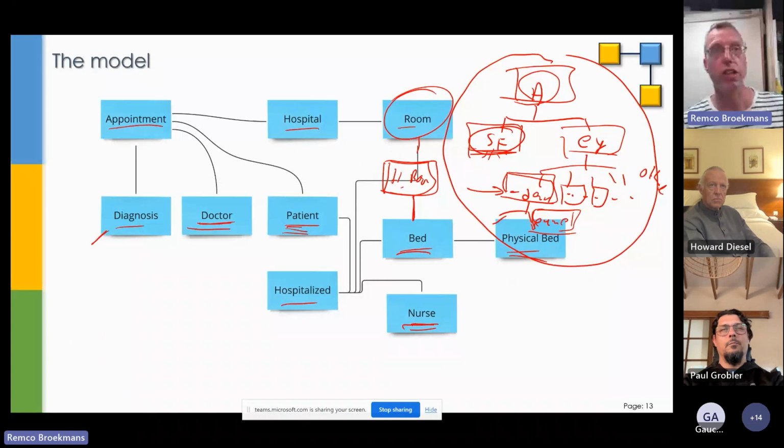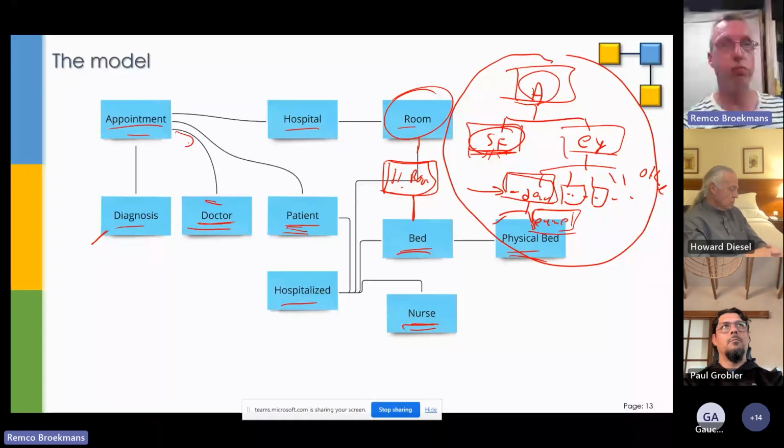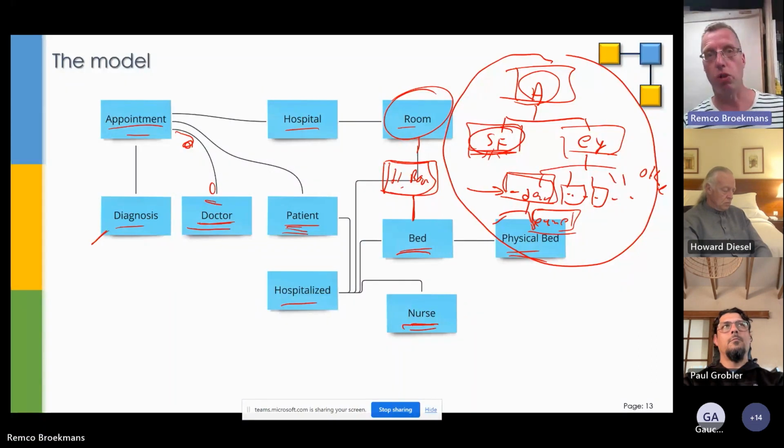If I'm going to say, hey, there's a relationship apparently between appointment and doctor, can you give me some examples of data of that relationship? Oh, is Dr. A having an appointment on Tuesday? Is Dr. whatever? So to get some kind of idea, am I on the right level of modeling? Am I on the right level of my relationship?